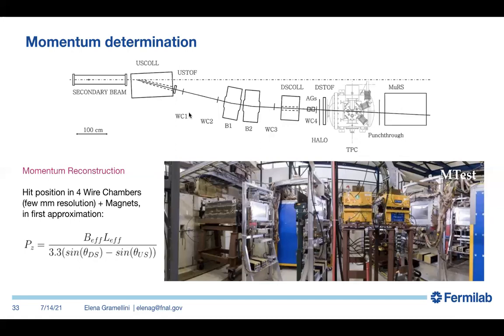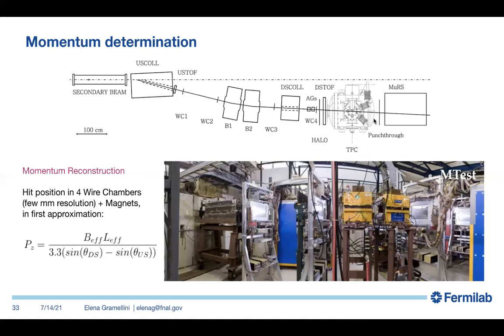The important elements for the reconstruction of the particles before they get to your LArTPC are the time of flights, which are these guys here, four wire chambers, one here, one here, one here, and one here, and two bending magnets. The wire chambers tell you where the particles were at these points in their flight.